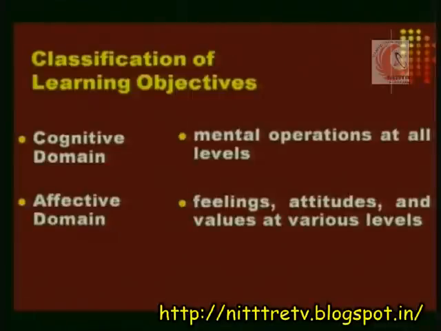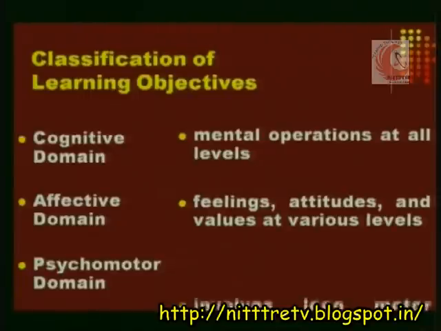In most of the syllabus, in most of the contents, we see that the focus is on cognitive and psychomotor. Affective domain is not much touched, whereas it is a very important area. Last is the psychomotor domain.